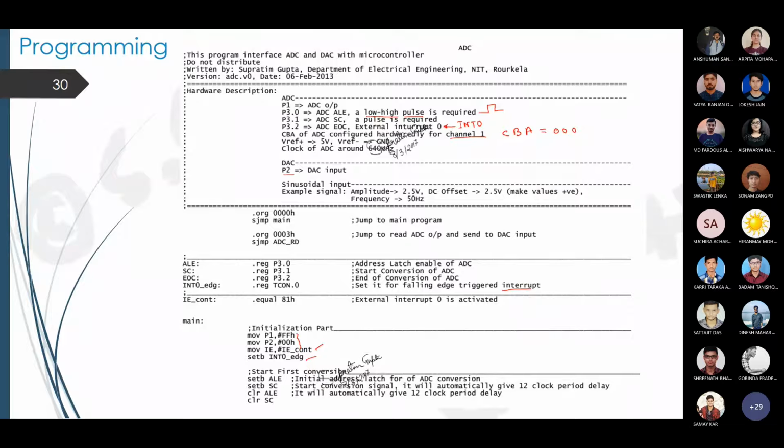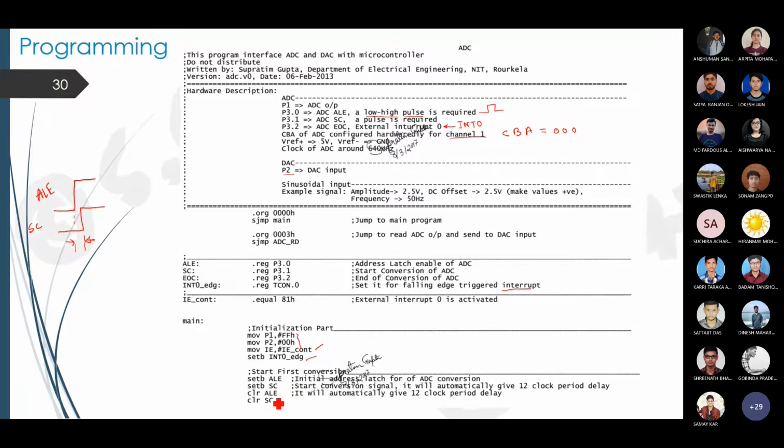Then for the first conversion, we start with SETB ALE and then SETB SC. You observe that we have set this ALE, and we are not resetting the ALE before that; we are setting this SC. This is to ensure that we will at least get this amount of pulse. So after that SETB SC, we are clearing the ALE.